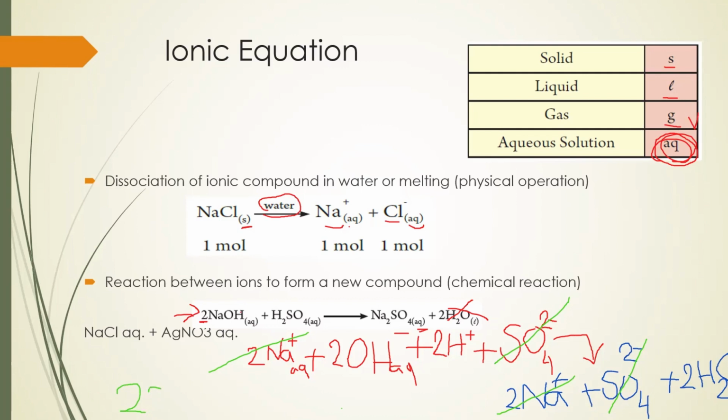And at the end, we'll write the remaining. So the remaining is 2OH negative plus 2H positive give 2H2O.